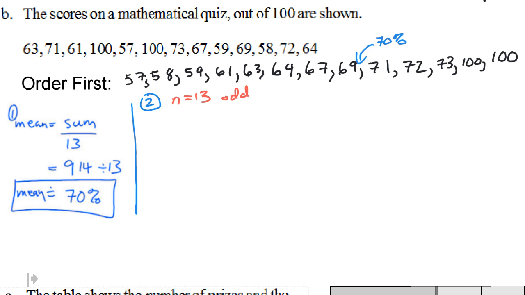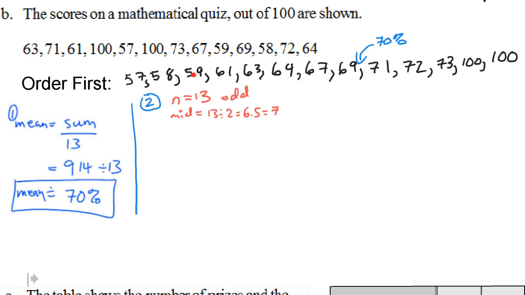So the midpoint spot is going to be 13 divided by 2, which is equal to 6.5. But then 6.5 rounds to, you guessed it, 7.